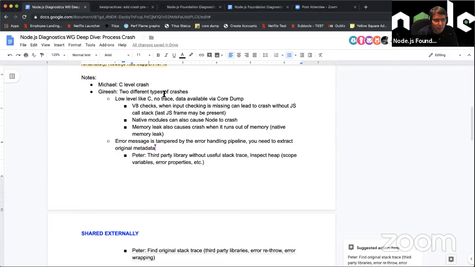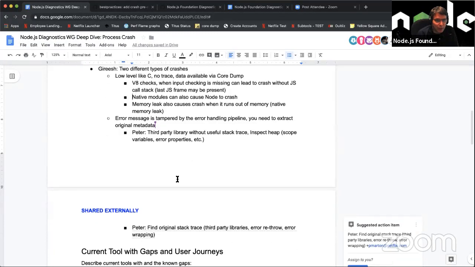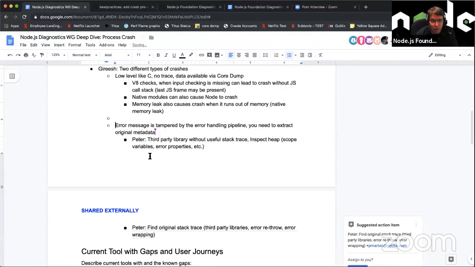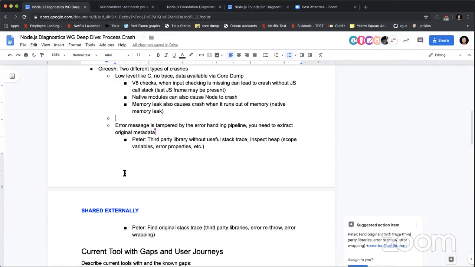Isn't the second one more like that you can have things like unhandled exceptions, unresolved promises, which depending on your options can cause you to exit? And then under that, you can either have one that gives you a nice, good stack trace where it's obvious what is happening, or one where you've got that problem of the tampering. Okay, I like that. Let's break it down more.